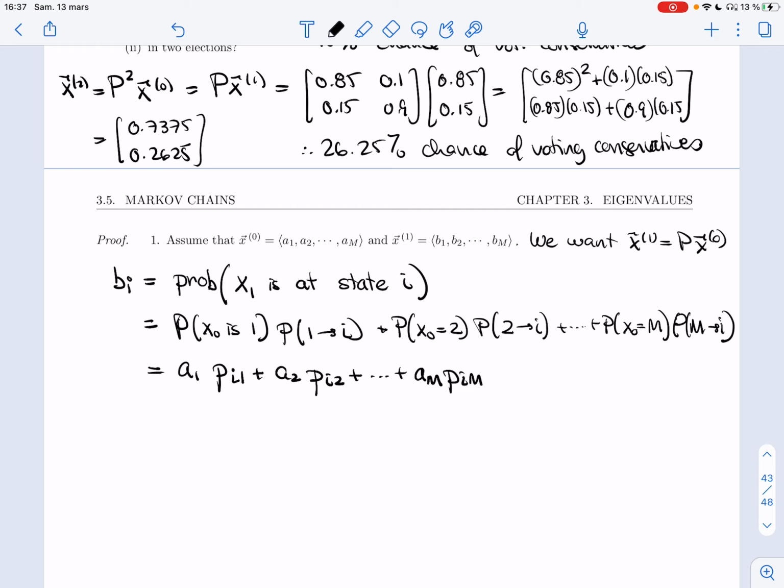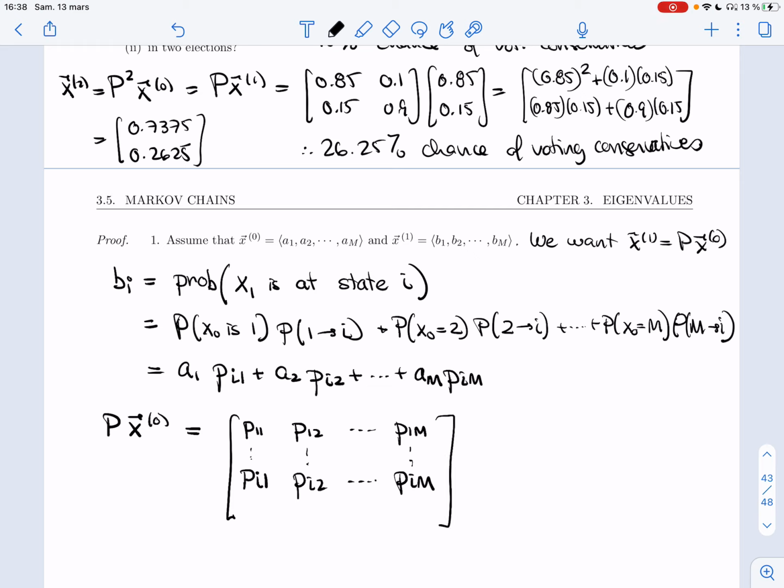All right, so let's check whether that matches what we would get if we multiply P by x0. Let me write out what P is. It's P11, P12, up to P1m, and then the row I'm interested in the most is i, because those are the entries I see here. Hopefully those will be the ones I use when computing bi.